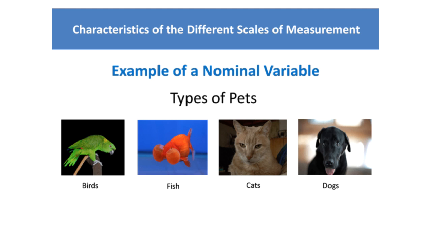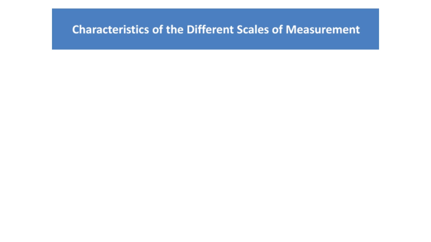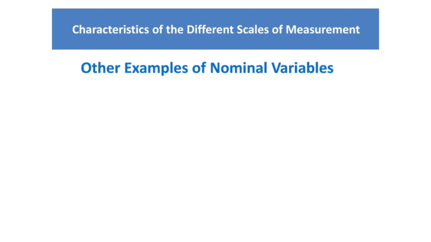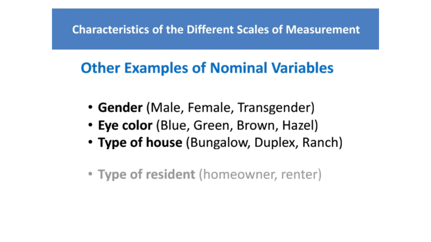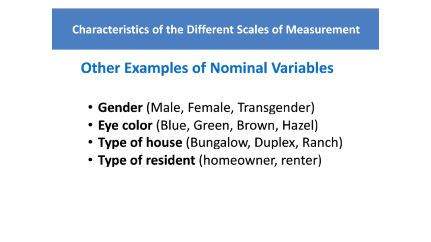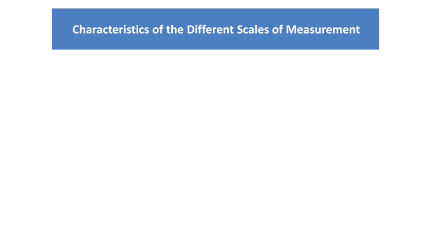None of these categories, in this case types of pets, is implicitly better than the other. Rather, the categories reflect the different types of pets. Some other examples of nominal variables include gender, eye color, type of house, and type of resident. The categories for each of these nominal variables reflect qualitative differences.